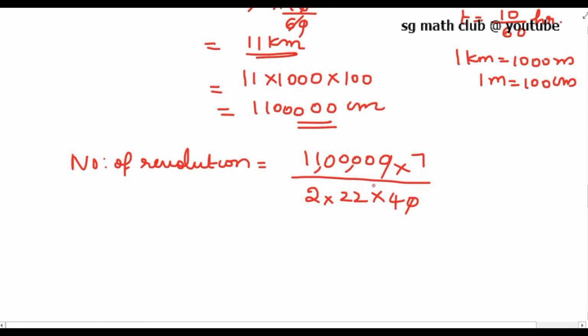Now we can simplify this. When you simplify this, you will have 4,375 revolutions the wheel has made in 10 minutes when the car is traveling at a speed of 66 km per hour. So the number of revolutions is 4,375.